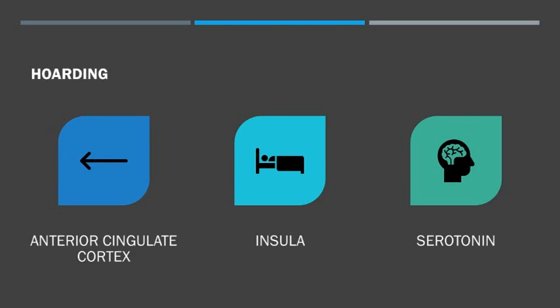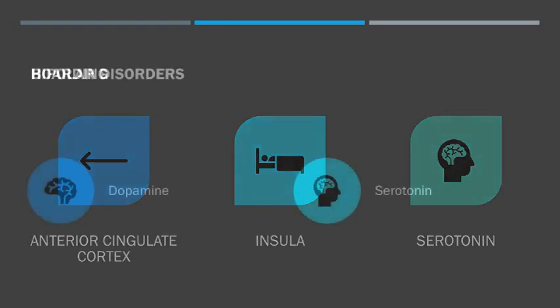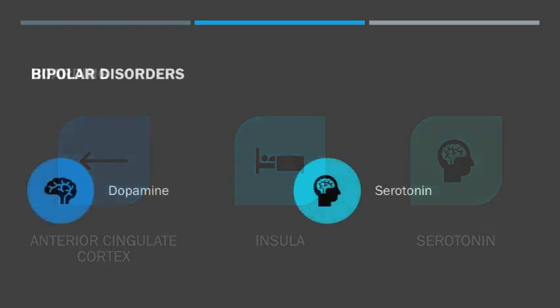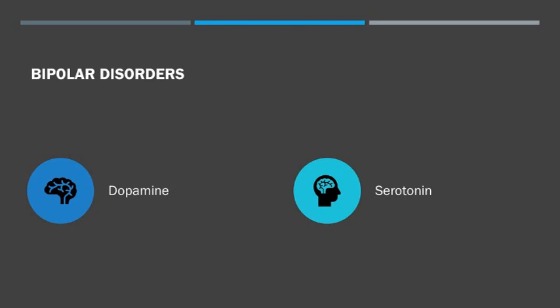And so medications that target the neurotransmitter serotonin seem to be the most effective in the treatment here. And again, a combination of factors, genetics, environment, neurobiological factors, traumatic life events, loss, and significant stressful situations can trigger or exacerbate the hoarding behaviors.